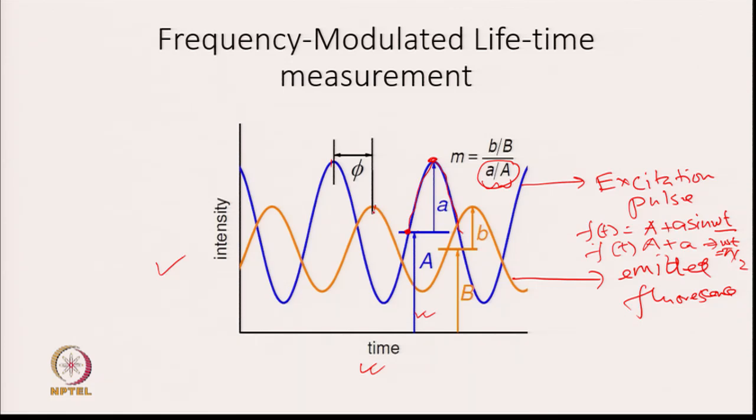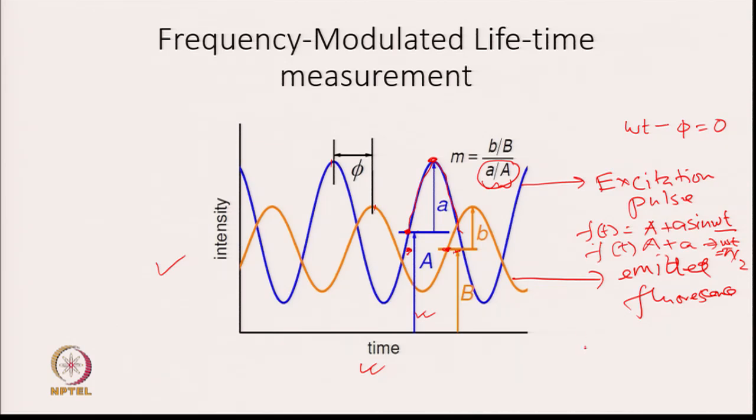So, if you go from this point to this point, there is a shift of φ, and so at this point ωt minus φ is going to be 0.